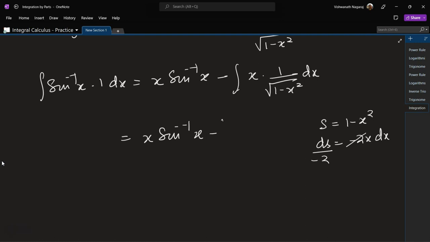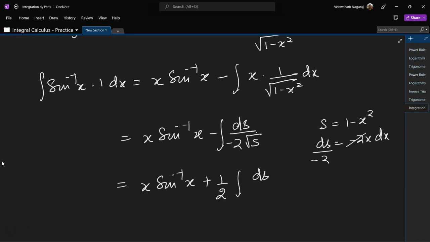So we get integral of x dx is ds divided by minus 2 square root of s. Okay. x sine inverse of x minus times minus, plus 1 by 2 integral of ds, or what we can do is bring that up.